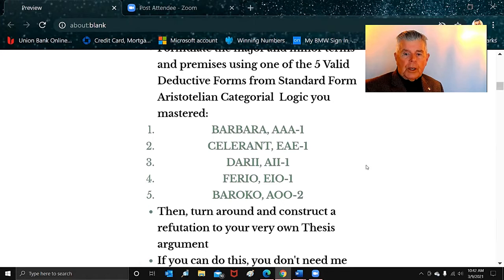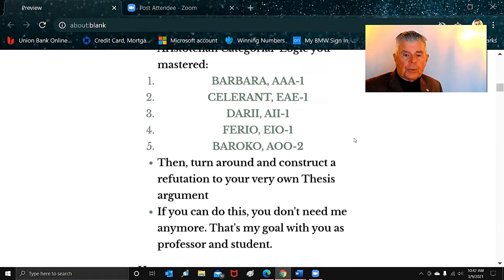As you can see on the screen, the Barbara: the mood is AAA, the figure is 1. The mood letters signify whether it's an A, E, I, or O proposition, and this number only tells us that the middle term is in the subject of the major and predicate of the minor. That's position 1. There are four positions. You've learned that.